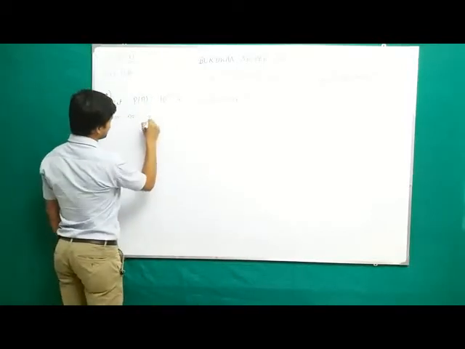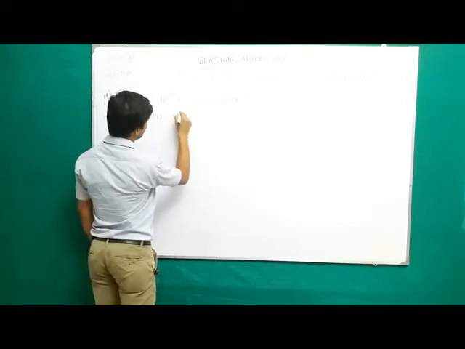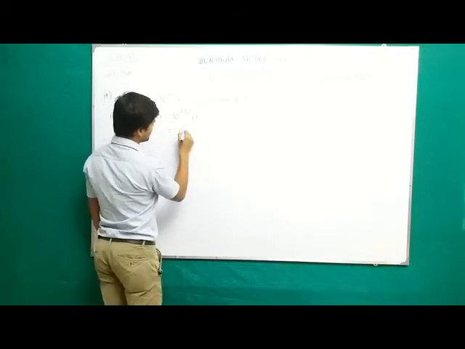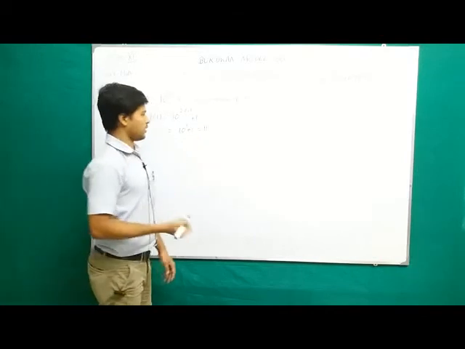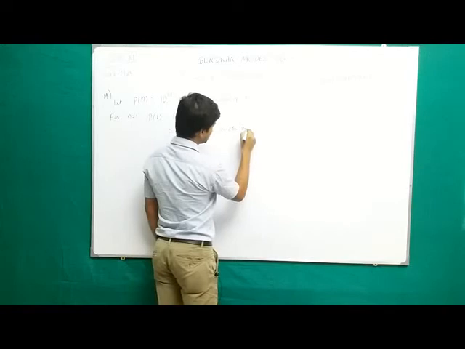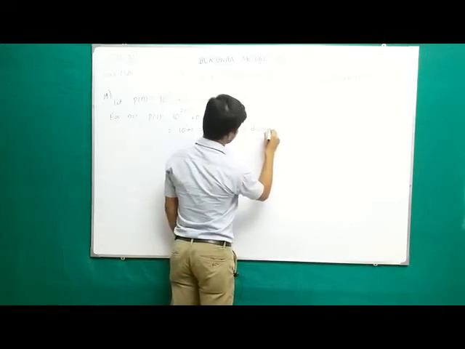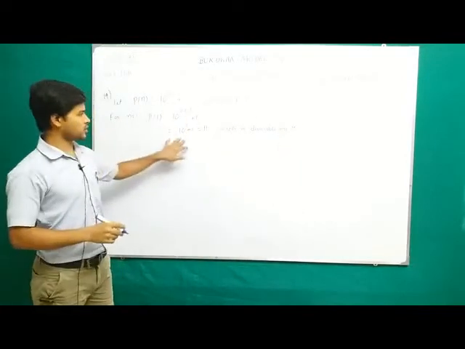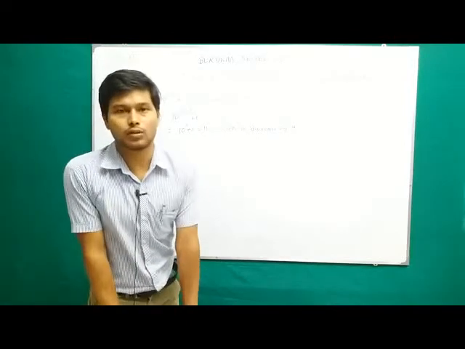P of 1 is equal to 10 to the power 2 into 1 minus 1, plus 1. That means 10 to the power 1 plus 1, which is equal to 11. And we know that 11 is divisible by 11 itself. That means P of 1 is divisible by 11. That means the statement is true for n equal to 1.